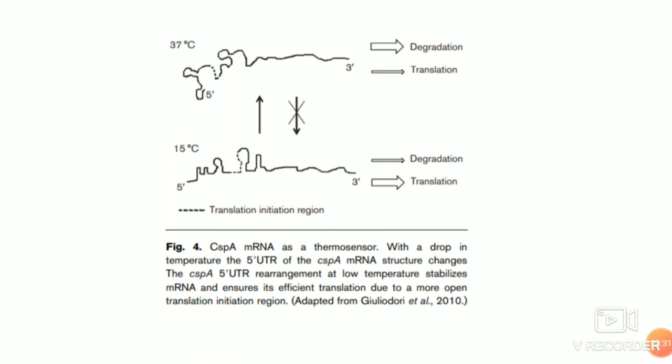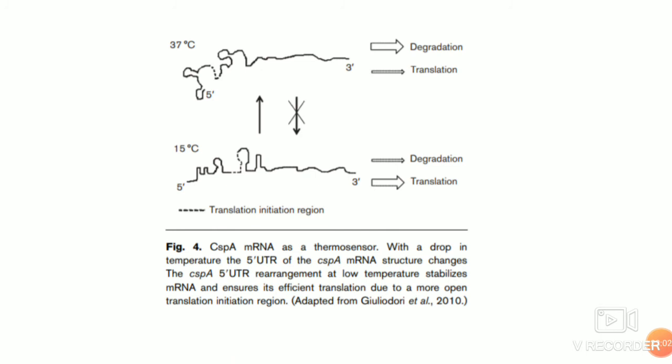Other factors like translation initiation factor 3 and initiation factor 1 together act as trans-factors to facilitate cold shock protein A production. So this is also one of the regulatory mechanisms.